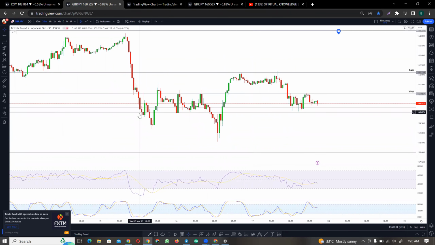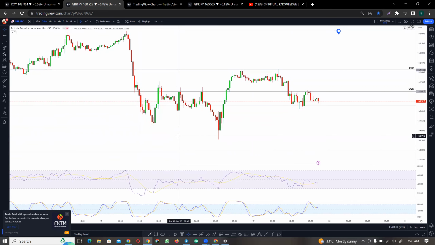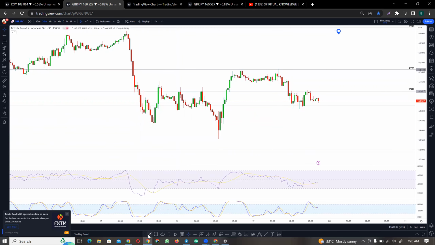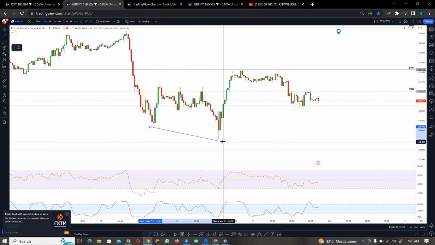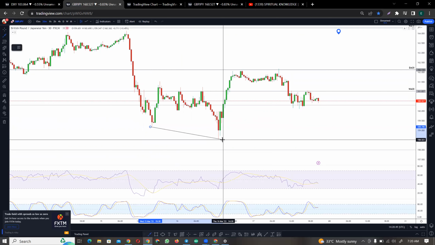So removing randomness now, we mark this. We have market formed a lower low, consolidated and formed another lower low here. Looking at it and looking at RSI, what do you see here?